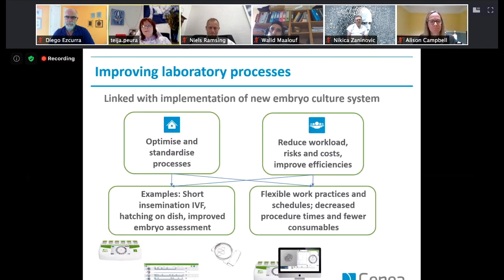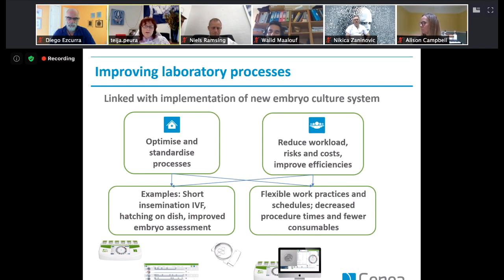However, what other things could be done at the clinics was that because this new embryo culture system was now installed, it allowed various changes in the clinical operations to optimize and standardize them in order to reduce workload, risk, and costs. Some examples of these clinical process changes were short insemination IVF, where the putative zygotes could be transferred into the Cherry culture dish quite soon, meaning that the subsequent fertilization checks could be done remotely and completely time independent.